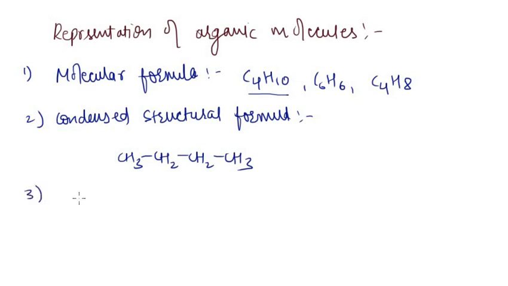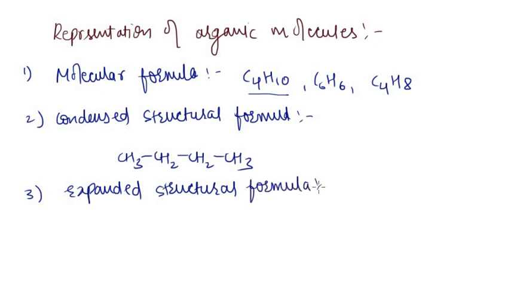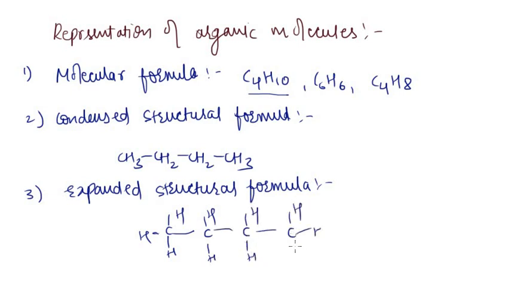Next we can write the expanded structural formula. What is the expanded structural formula? Like C H H H C H H C H H C H H H. This is its expanded structural formula.